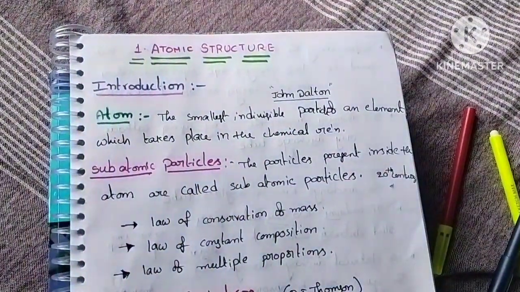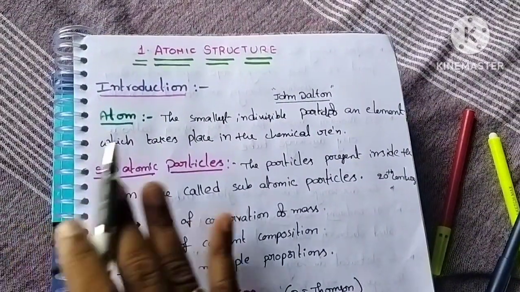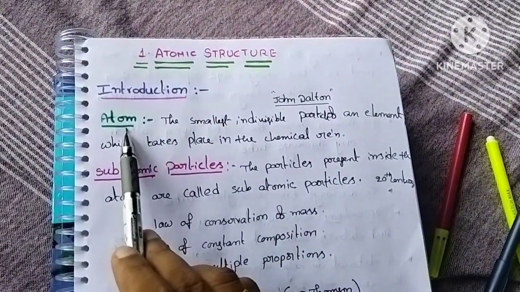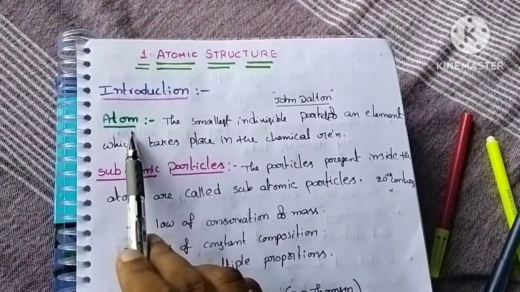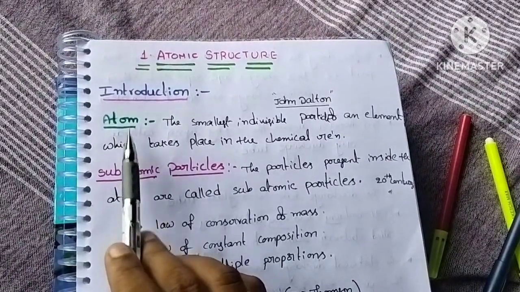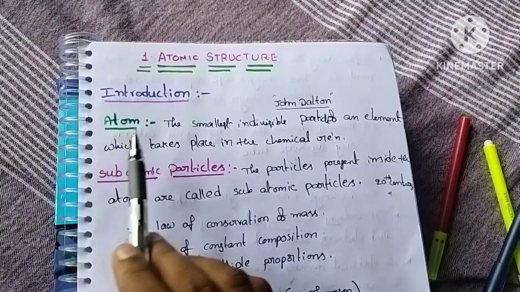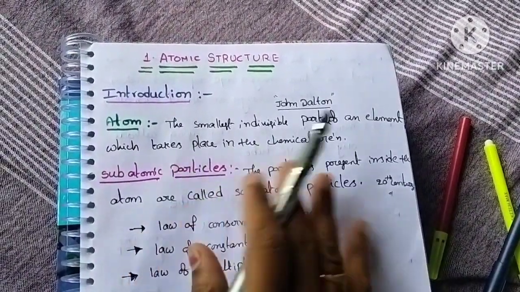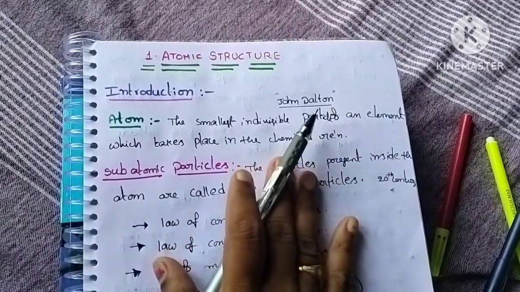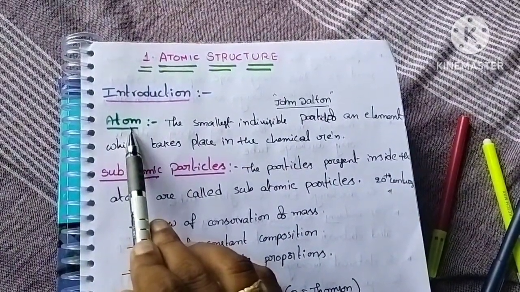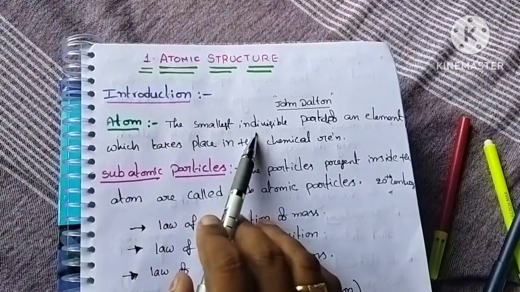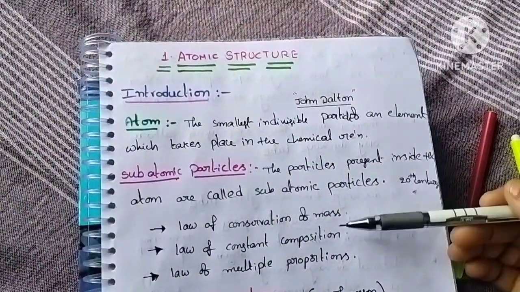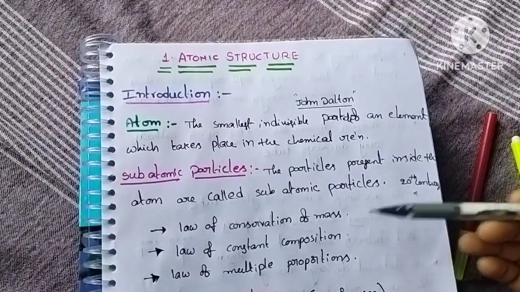Each and every chemical reaction takes place due to the presence of atoms. In the universe we have a number of different types of matter, and these different types of matter are due to the presence of different types of atoms present in the elements.